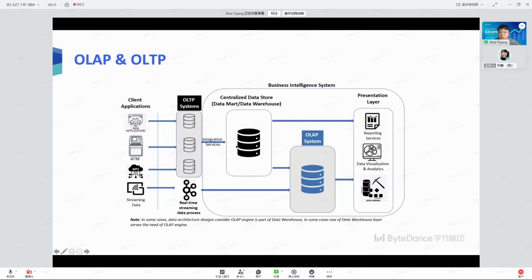Then they will all be centrally stored in a data warehouse. But OLAP now comes into place as the role for analytics. The OLAP system will process all those real-time or historical data, combine them together to provide insight for the presentation layer. So you can have your business intelligence, your reporting system, your data visualization, and even some of the more advanced data mining use cases.